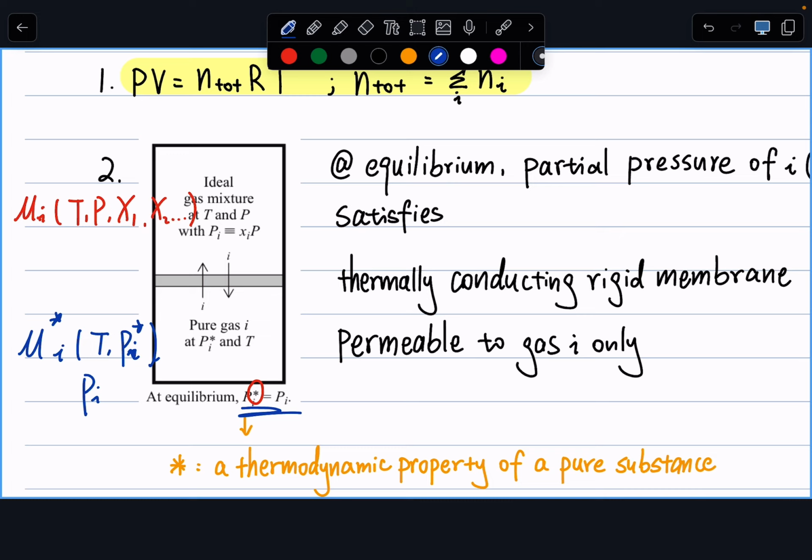And this PA star equals my partial pressure of A in that chamber, and that equals my total pressure times the mole fraction of A.